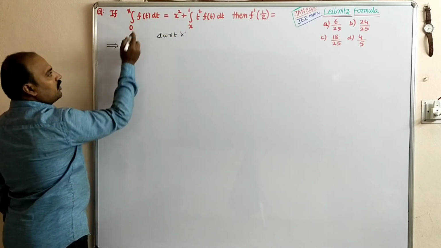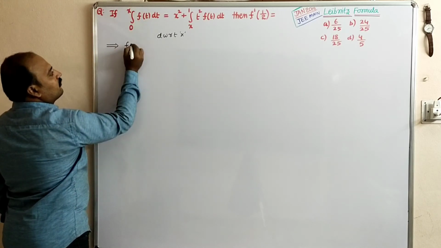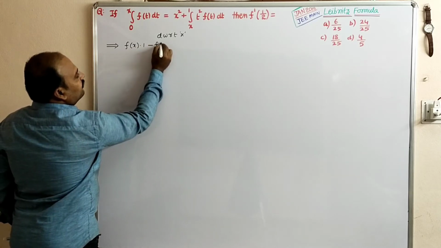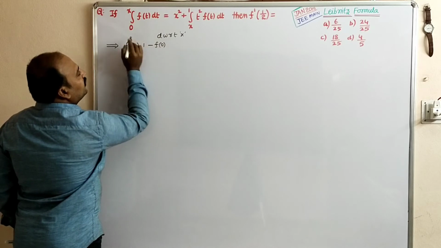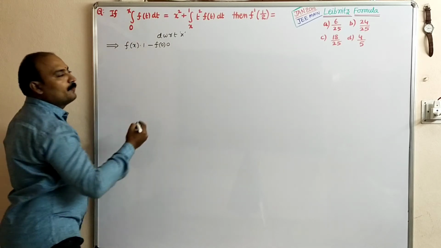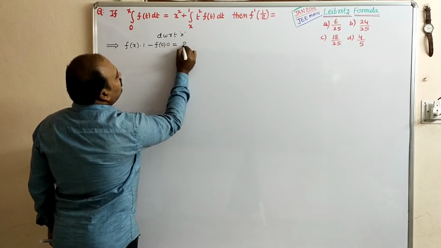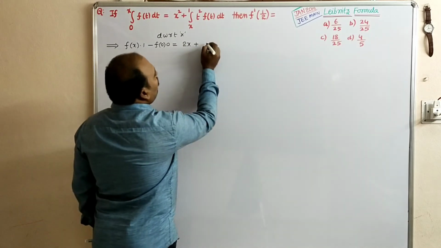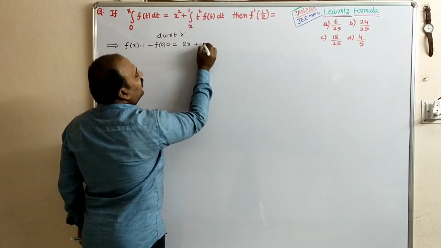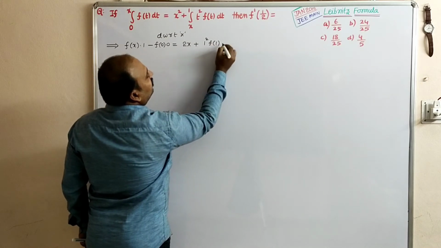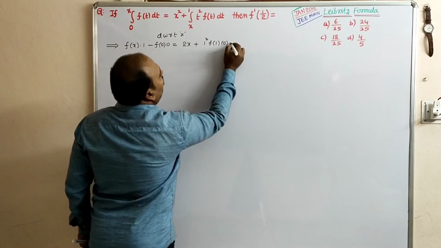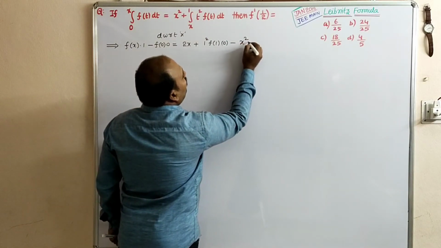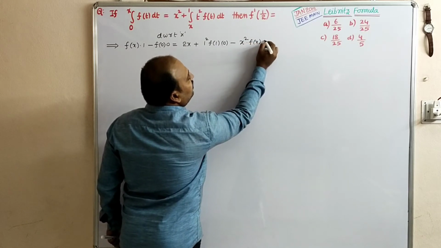So here f of, in place of t the upper limit, f of x into d by dx of x is 1, minus f of 0 into 0, derivative of constant is 0, equal to x square, derivative is 2x, plus for this term also we have to apply the same formula. So 1 square into f of 1 into derivative of 1 is 0, minus, wherever t is there, the lower limit can be substituted: x square into f of x into derivative of x is 1.